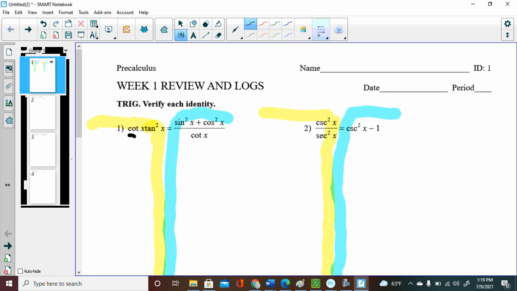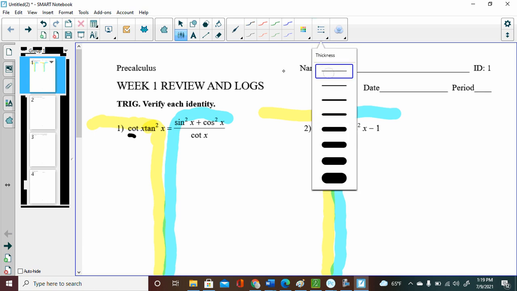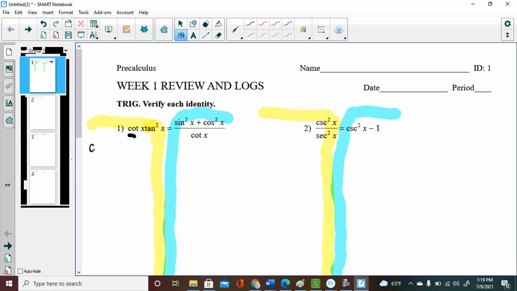So if I'm working with cotan x, I know that cotangent x simplifies to cosine x over sine x, right?